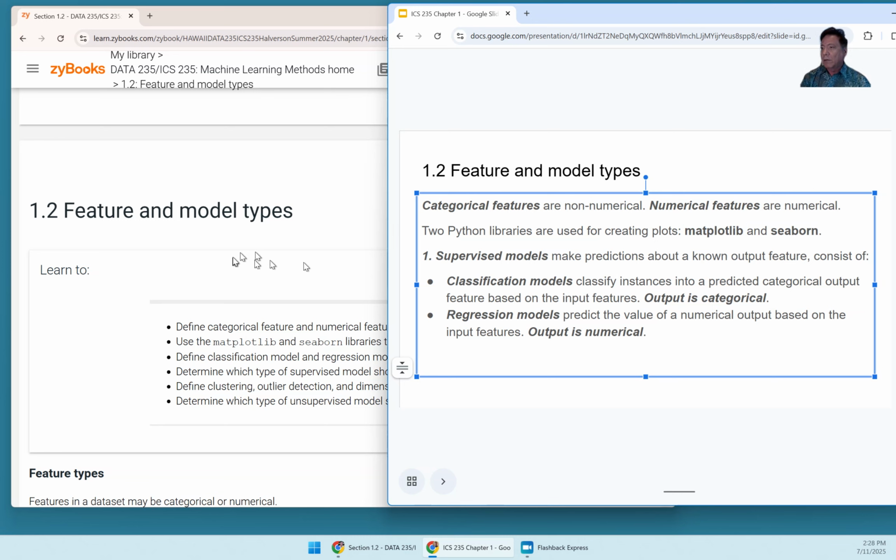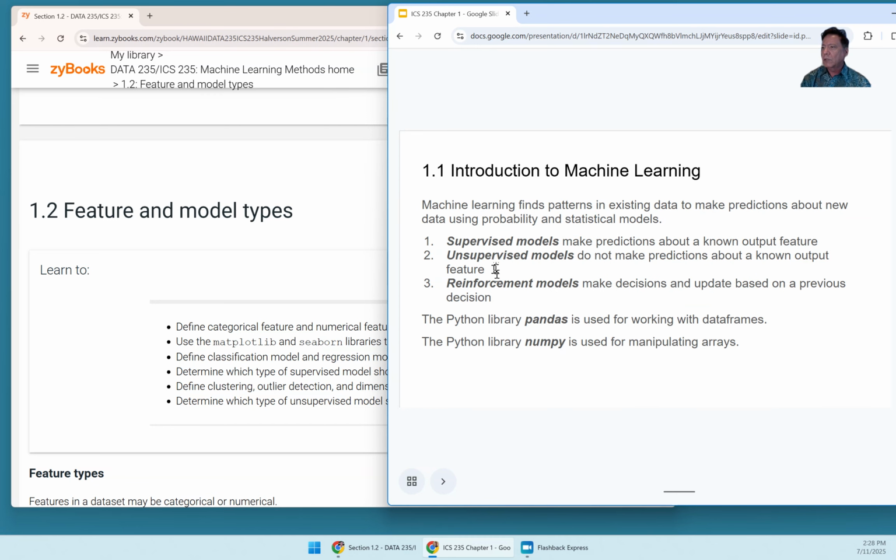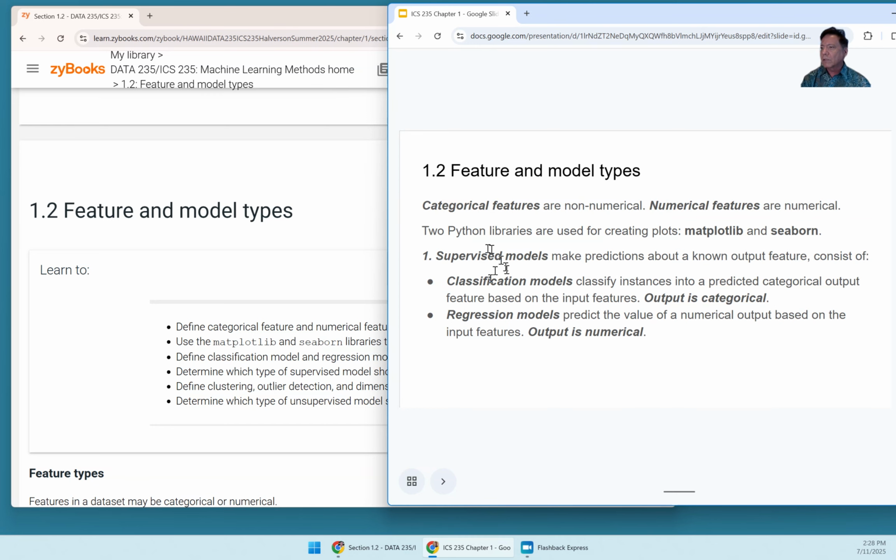Okay, so of the types of models we talked about in section 1.1, we go back up to section 1.1. Supervised, unsupervised, and reinforcement. There are two kinds of supervised models, and that's where you know what output you're targeting. You're predicting an output.